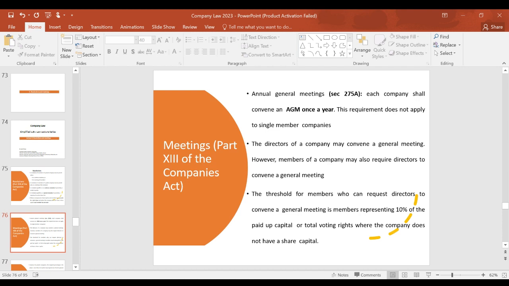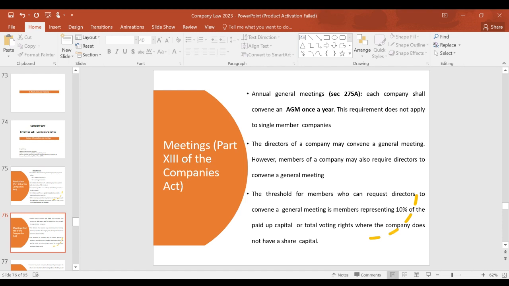And that is under Section 275A of the Companies Act of Kenya 2015. Of course, in the event that a company has a single member, or is solely owned by only one person, then this requirement of holding an annual general meeting at least once in a year will not be applicable.